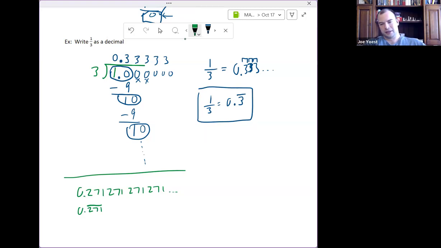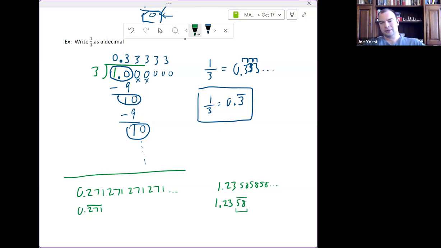Or if I had something like 1.235858558, and the 58 started repeating after a little while, I write this as 1.23 with none of these repeating, then 58 repeating. So I'd make sure that the horizontal bar is only over the piece that's repeating.